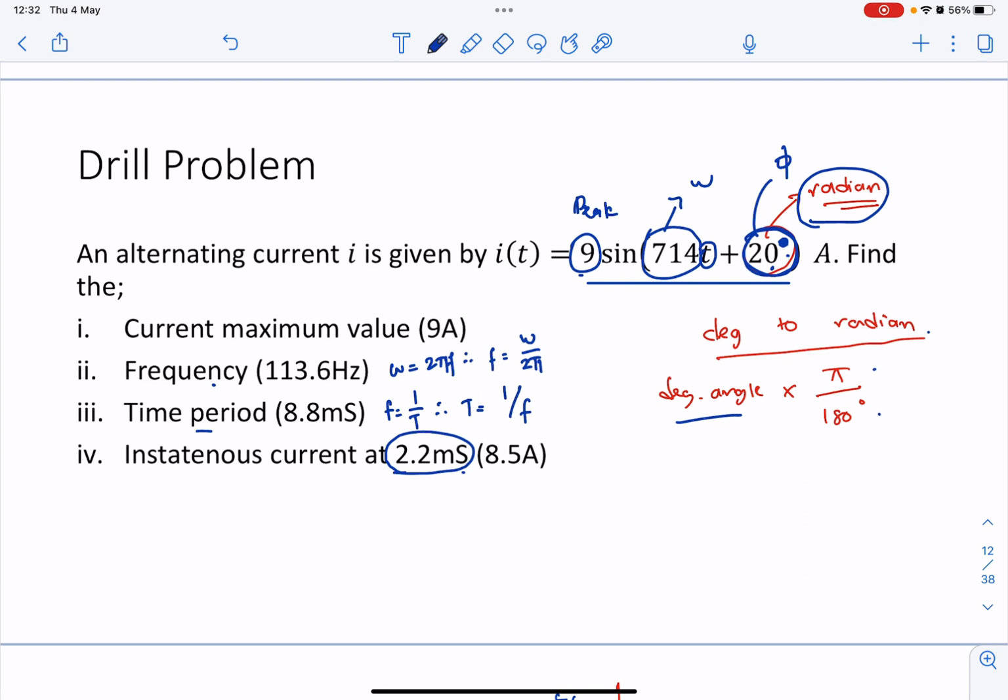Let me check first. Okay, so it is correct, 8.5 millisecond, 8.5 ampere.